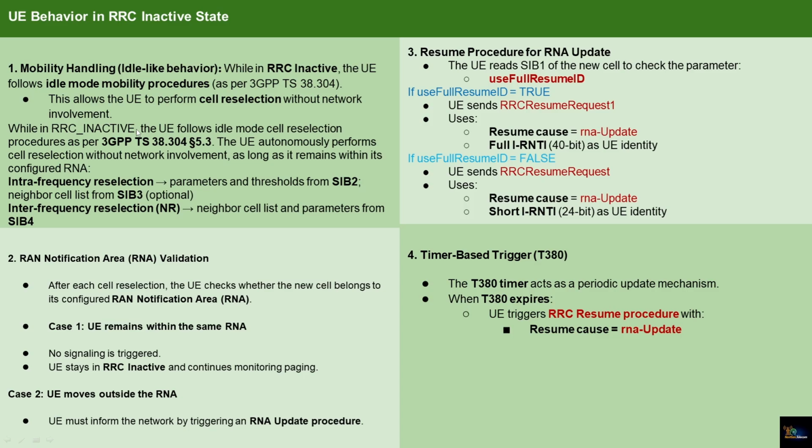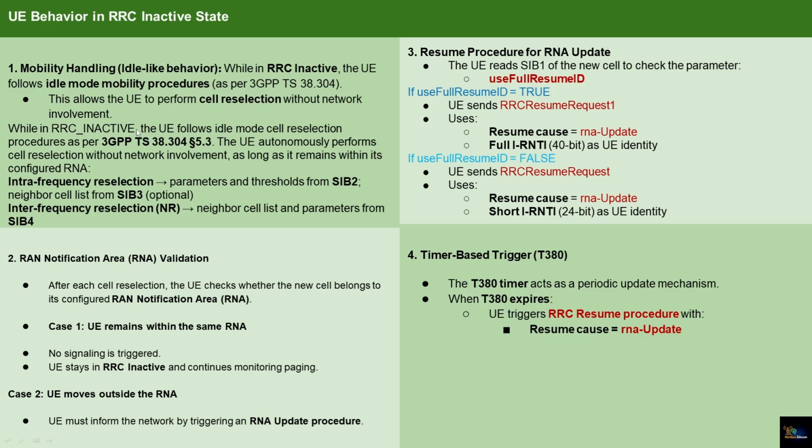If use full resume ID is false, you send the RRC resume request only, with the resume cause, which is RNA update, and the short I-RNTI as UE identity. Because it is in the same RNA, there is no need for the full RNTI.